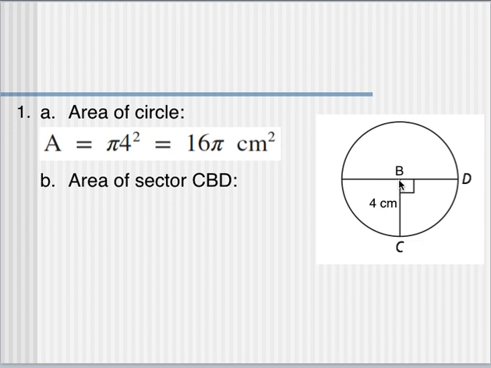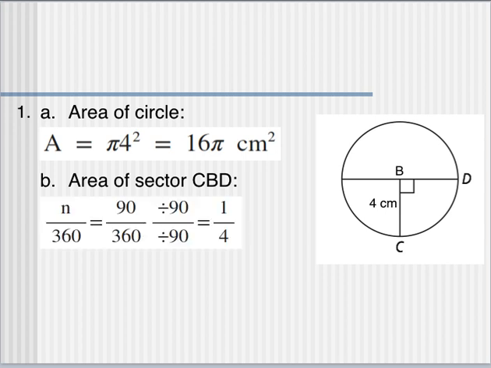So first off, just like last time, you're going to find the degrees of the measure of that section of the circle. Okay, 90 degrees, and put that over 360. 90 over 360, go ahead and simplify. 90 over 360 simplifies to 1/4. So what that means is that the sector is 1/4 of the circle's area.